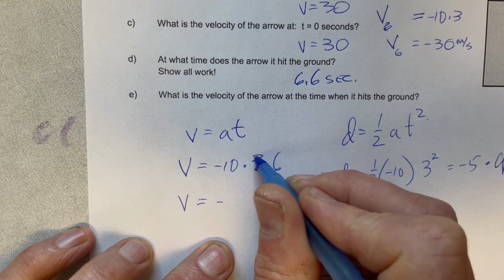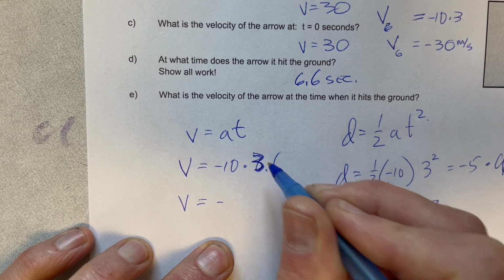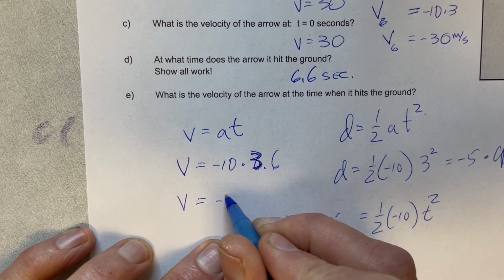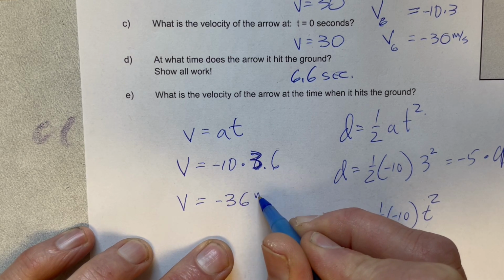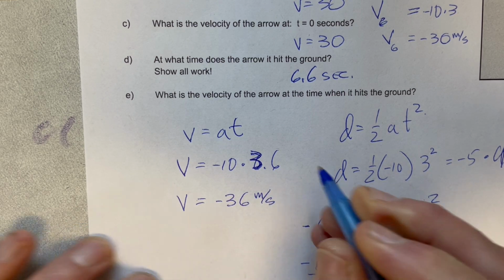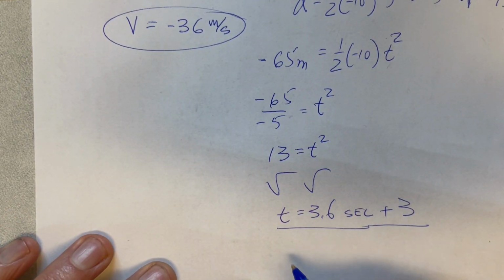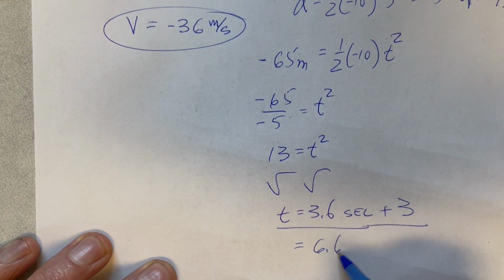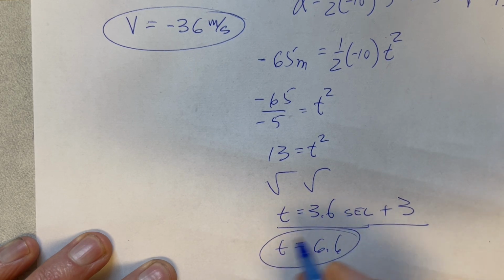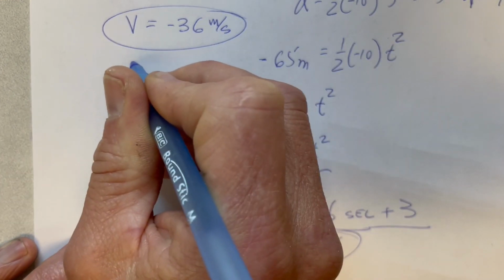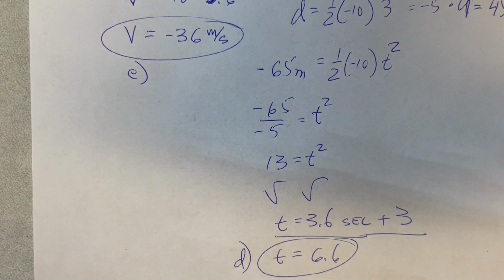I apologize. It's only the time falling down, and so that's negative 36 meters per second, okay? So that's the final answer there for part D. All right, hope that helps a little bit.